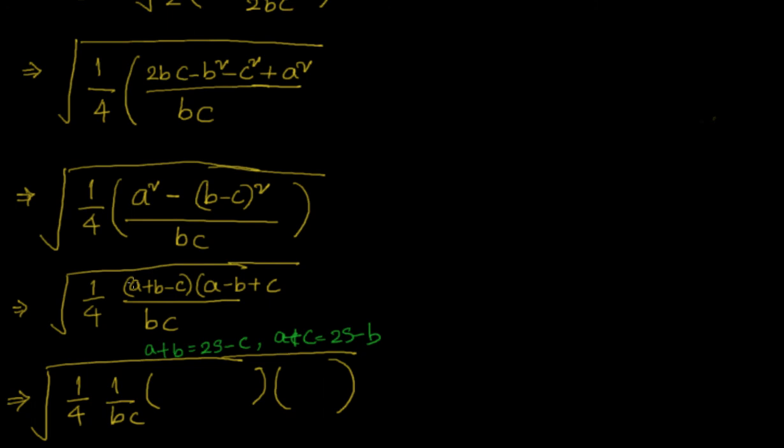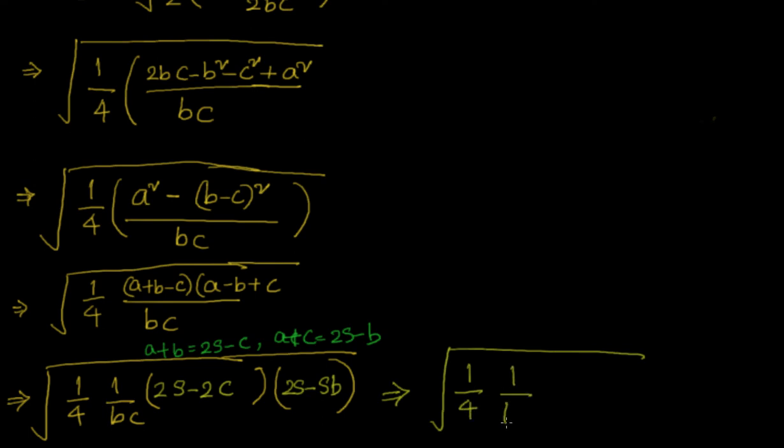So if I write it, what happens now? A plus B is 2S minus C. That means I will have 2S minus 2C. Here I will have 2S minus 2B. That's nothing but equal to square root of 1 by 4 into 1 by BC into, I can take 4 common because I can take 2 here common, 2 here common. It will be S minus B into S minus C, or I can cancel 4 and 4.